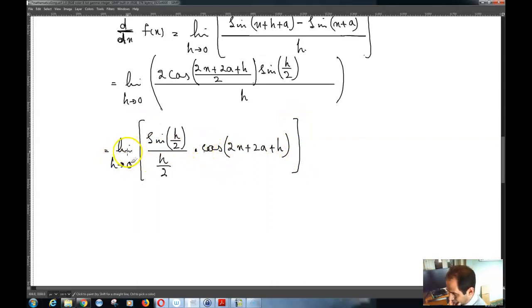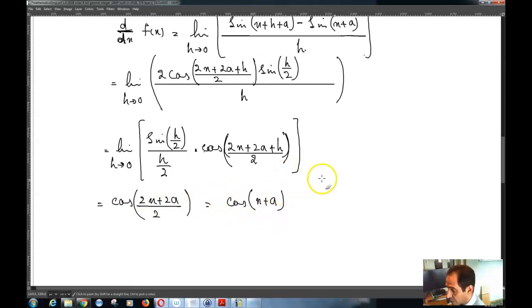Then you can rewrite this as the limit of this part times the limit of this part. The limit of this part as h tends to 0 becomes 1. The limit of the other part becomes the cos of 2x plus 2a divided by 2, which is the same thing as the cos of x plus a.